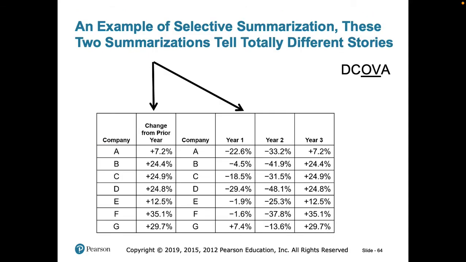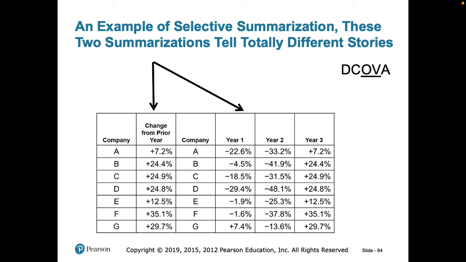Here is an example of selective summarization. If you look at the column that says change from prior year, Company A, 7.2%, that looks good. Company F, 35.1%, that looks really good. But you are ignoring the data for year 1 and year 2, which are all negative.